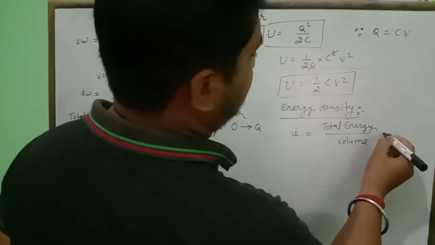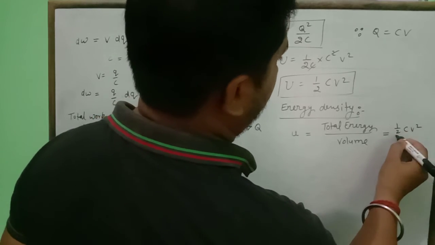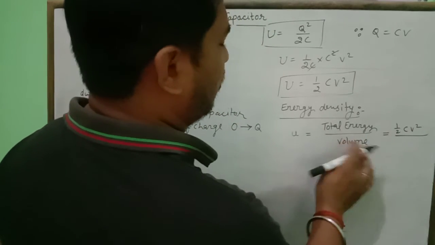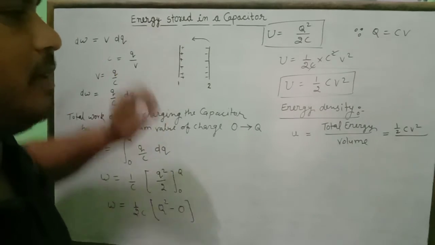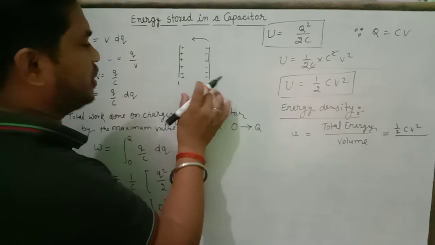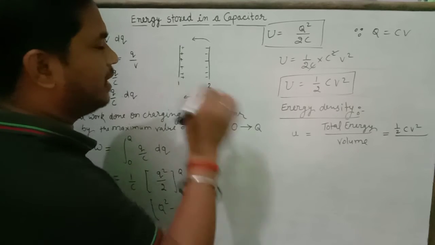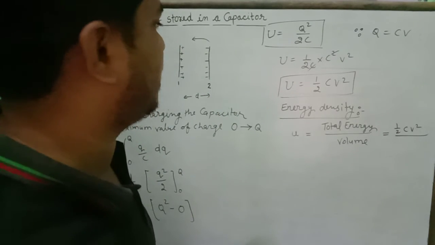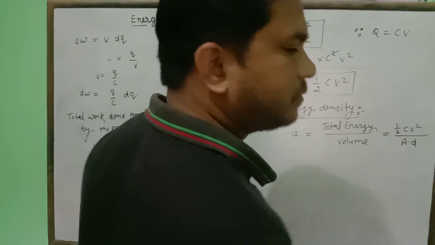Total energy is 1 upon 2 CV square, upon volume. If the area of the plate is capital A and the distance between them is small d, then the volume of this capacitor is A dot d.